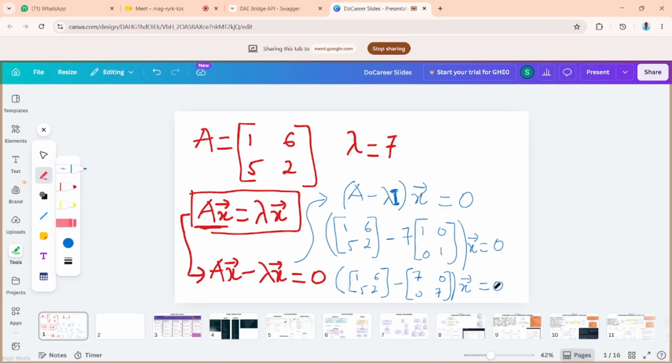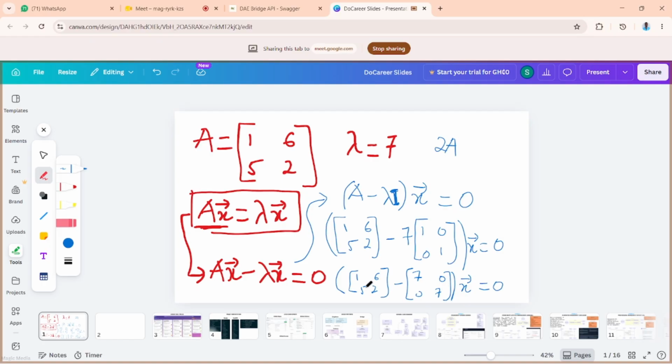I'm just expanding it so you can have a look at it again. I'm just using this scalar number that we use to multiply, like I did in the beginning. So it's 7 multiplying inside.